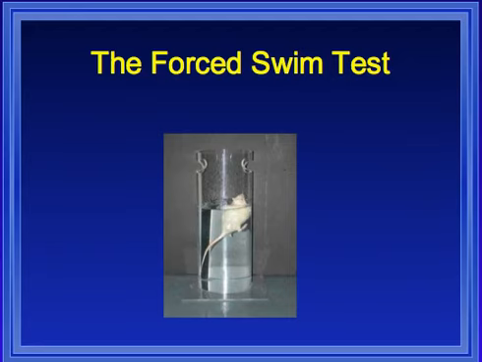A depressed mouse, on the other hand, will give up very quickly, will nearly drown, but the experimenters have some mercy and will take the mouse out of the column after we've seen how long it takes for it to go under. Now, an antidepressant given to one of these depressed mice will actually result in a prolongation of the struggle to remain afloat, and that's how we can test antidepressant efficacy.